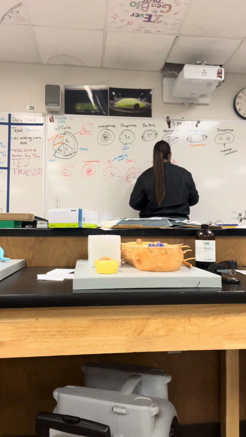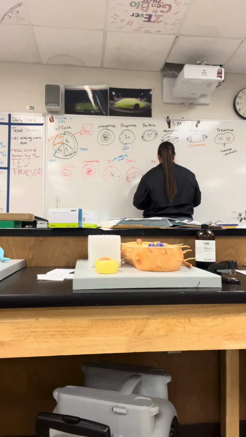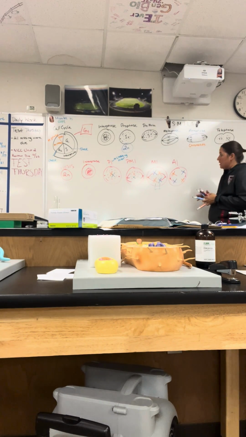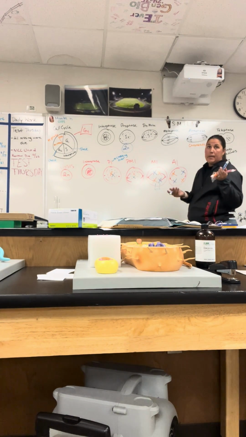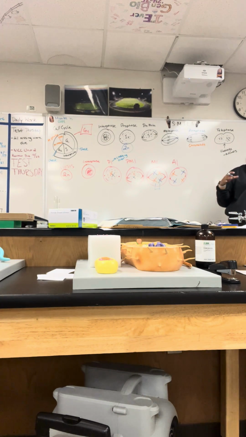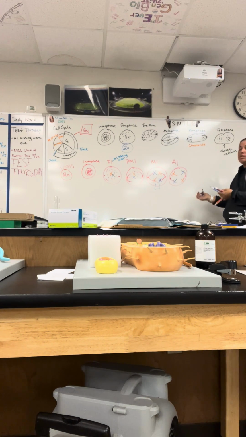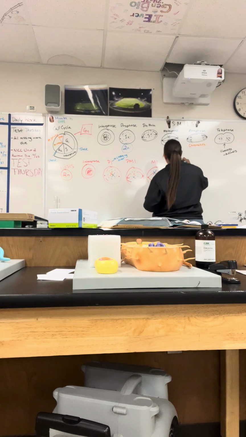So in anaphase 1, they pull apart. This is unique. On your lab, it said in a chart, where do homologous chromosomes separate? Anaphase 1. Homologous chromosomes separate. They don't separate anywhere else, okay?